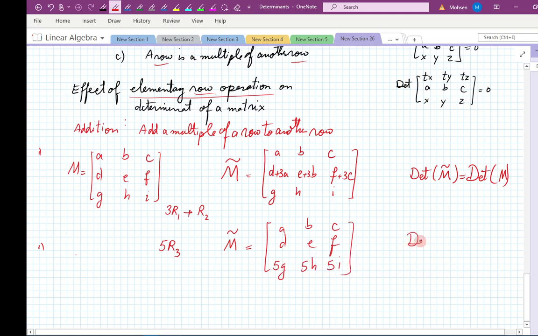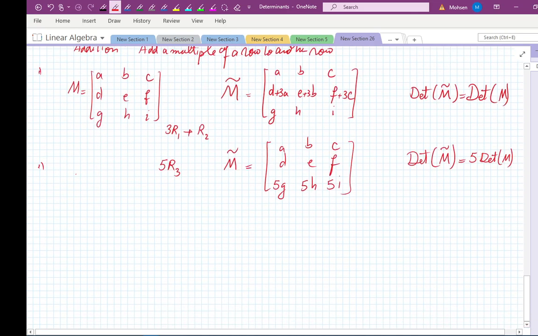What do you think is the deal with the determinant of M tilde? You should be able to do that using the concept of expansion on this row. If you do expansion on that row as opposed to that, what happens? Everybody is 5 times bigger, so it's not a big surprise that this comes out to be 5 times the determinant of M. Okay, that's rather trivial.